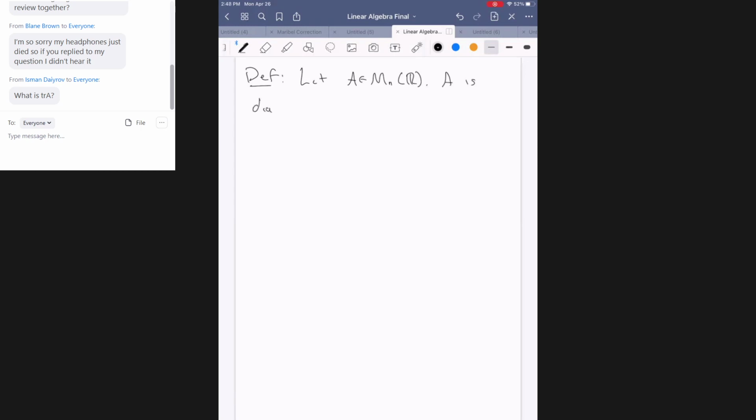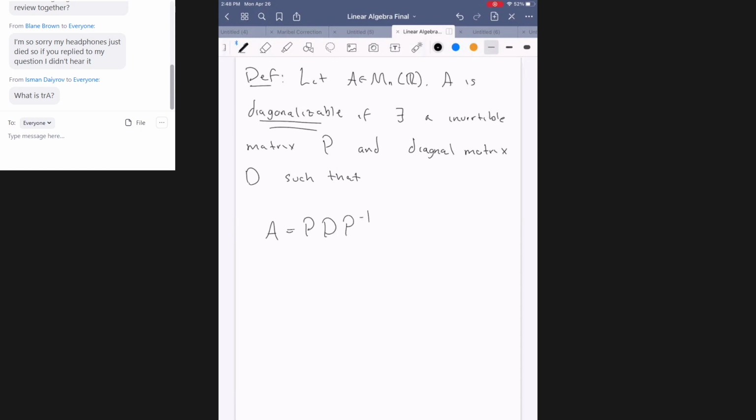A is diagonalizable if there exists an invertible matrix P and a diagonal matrix D such that A is equal to P D P inverse. Basically, if you can express it this way, A is diagonalizable.